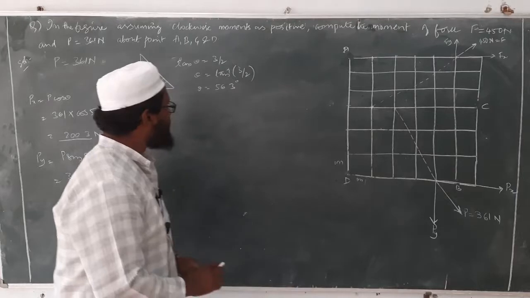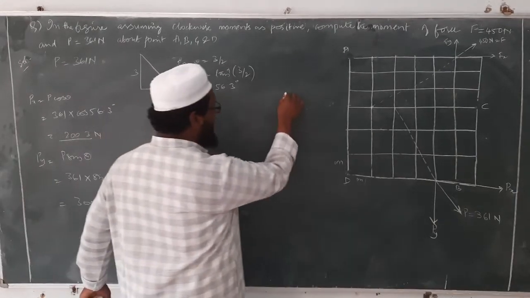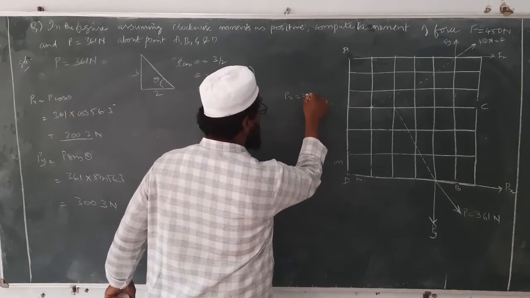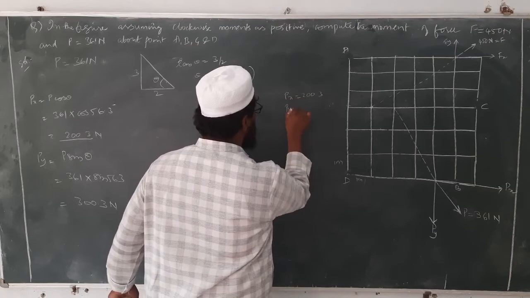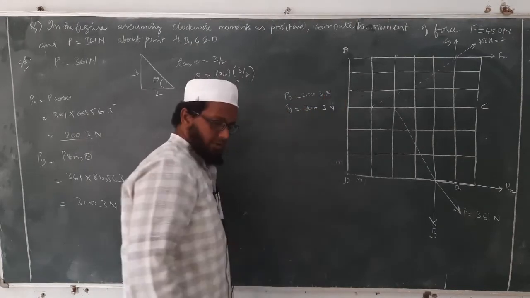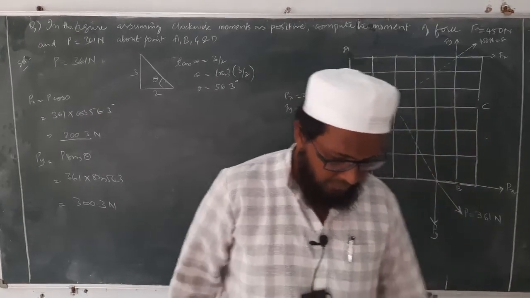Alright, so now you can copy down these values, and I will write here the values of Px, which is 200.3, and Py as 300.3 for our further calculations.